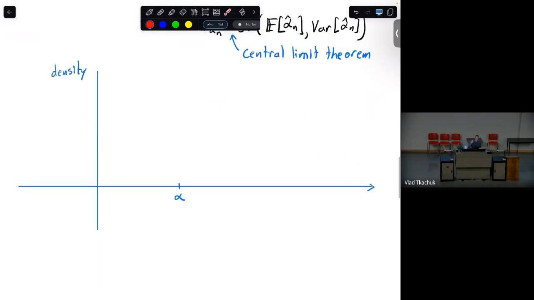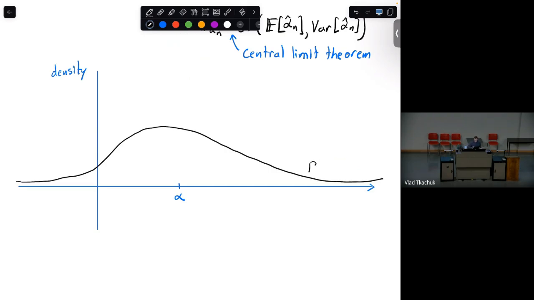So let's plot the PDFs for different values of n. So here's the plot you might see for a small n. And this is supposed to be the bell curve. Okay. And so this is the PDF of what? Of alpha hat. And let's say this is n equal 10. And so this is a PDF of the random variable alpha hat 10. Now suppose we increase the number of samples to, let's say, 100. What you'll see is that the plot looks different.